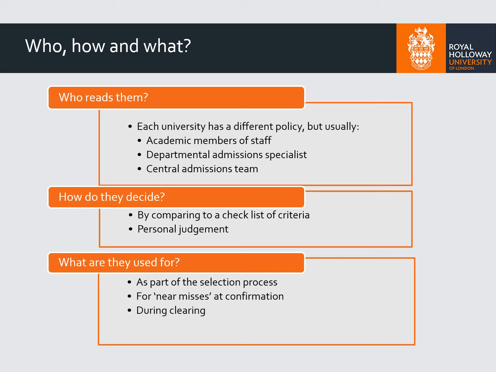These people then decide by either personal judgment or comparing to a checklist of criteria. And as mentioned previously, references are used as part of the selection processes, but also for near misses at confirmation. So during confirmation, if a student is borderline in terms of grades, then we will revisit their application, reread their personal statement and reference, and make a decision as to whether we can allow them on the course.